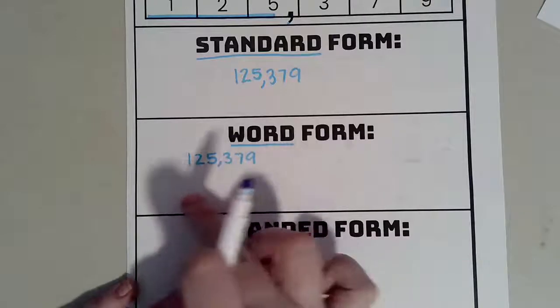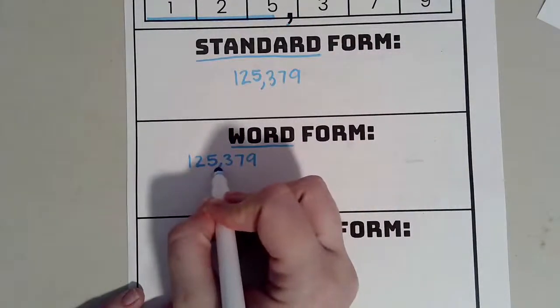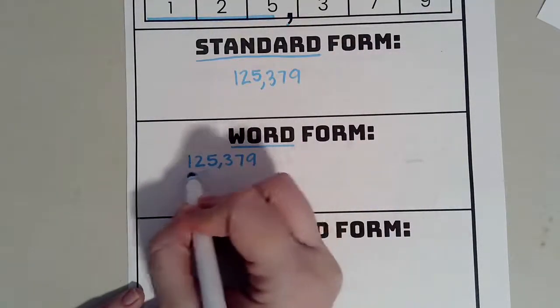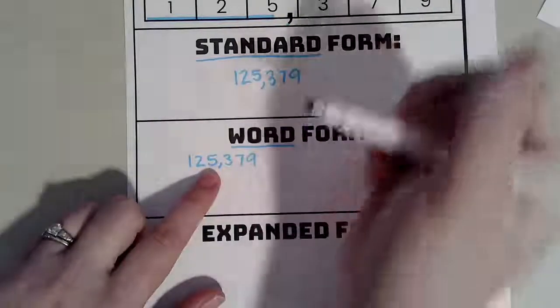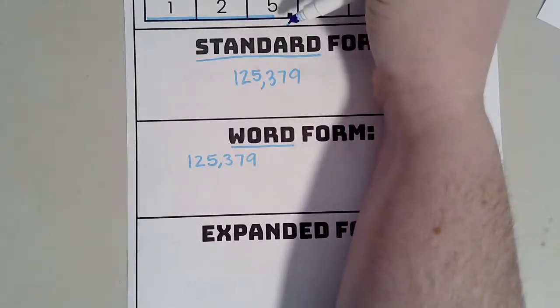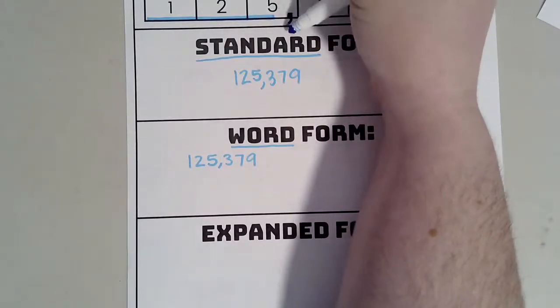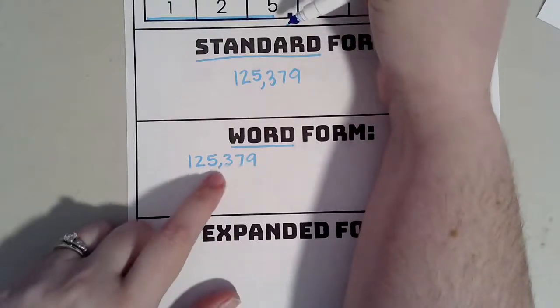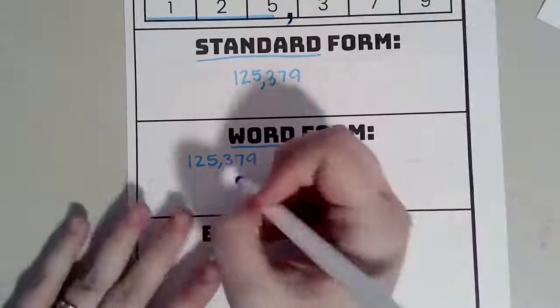We're going to write it out the way that we would read it. So I told you up here, we're going to look for our comma, right? And then read the number in front of it. So 125, we're in the thousands period, so we'd say 125,000. Also, commas in math are kind of like commas in language arts, where when we see a comma, we pause. So 125,000. So now let's write that.